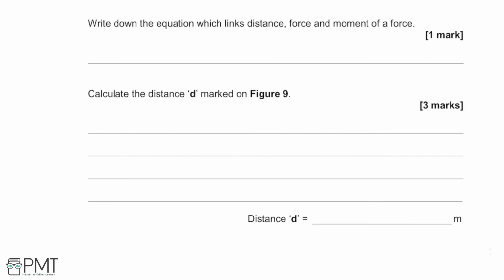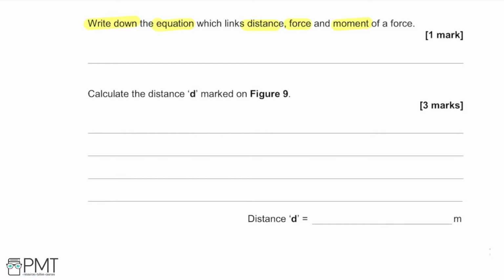Now, in this part of the question, I'm asked to write down the equation which links distance, force, and the moment of a force. So here, when I'm thinking about these three things, it's instantly reminding me of the work with levers and those kinds of topics. So it's helping me recall the fact that when we have a moment, it's going to be the force times the perpendicular distance.